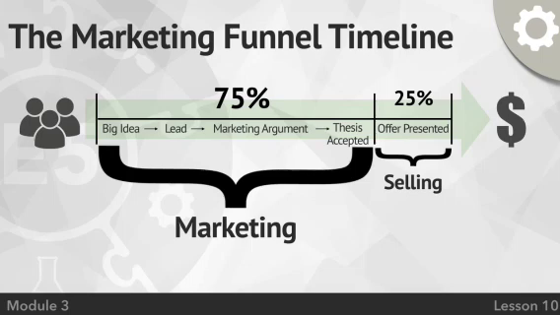Then we have the marketing argument, and as you're going to learn today in this lesson, the marketing argument is all about getting the thesis accepted by the prospect. Once the thesis is accepted by the prospect, then we're ready to present the offer. Then we've primed the prospect to accept or take advantage of the offer.